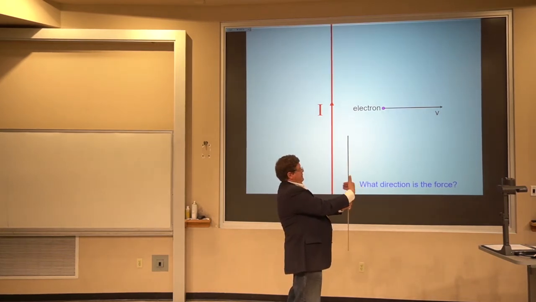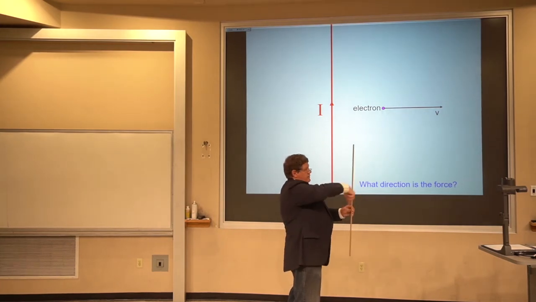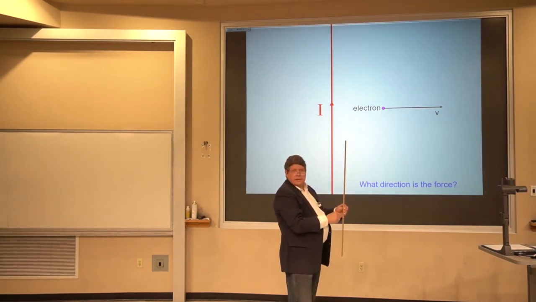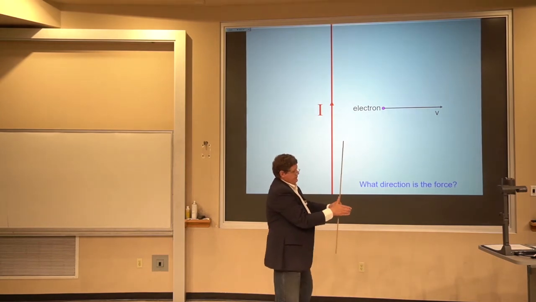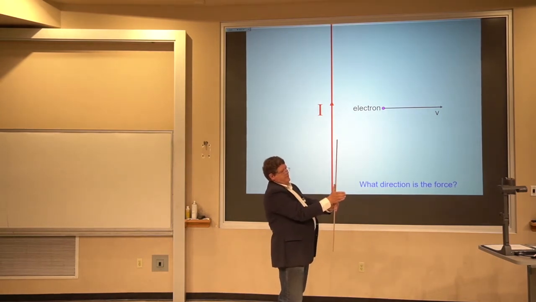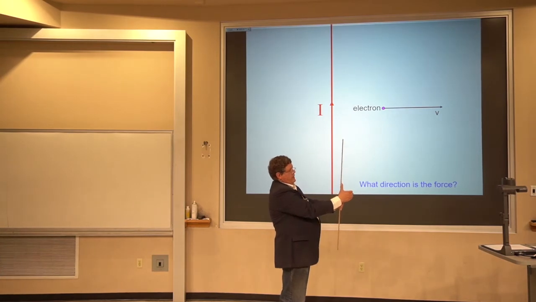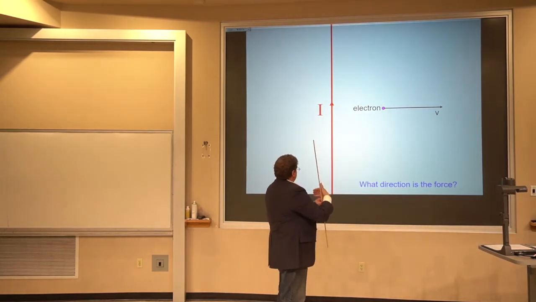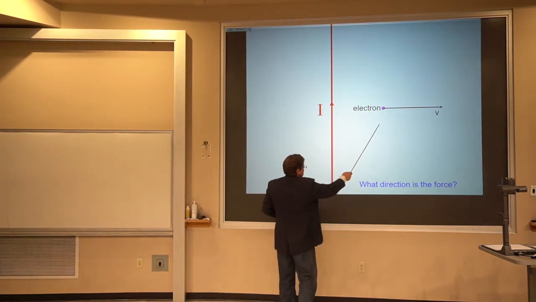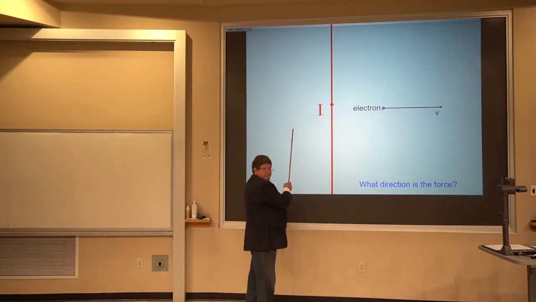The curved part of our hand represents the direction in which that magnetic field goes around the wire. Now you'll notice that with my thumb up, my fingers are pointing away from you over on the right-hand side of the wire and towards you on the left-hand side. So it would be into the board here and out of the board there.